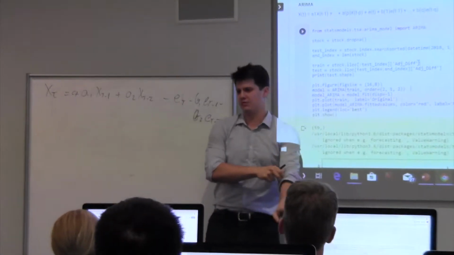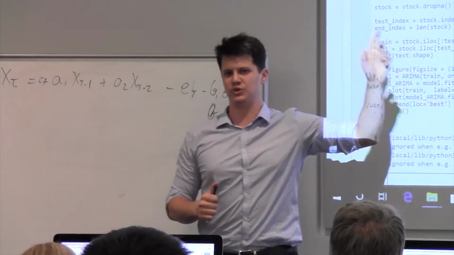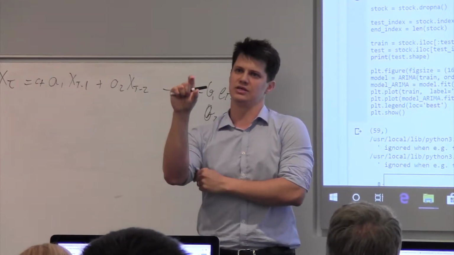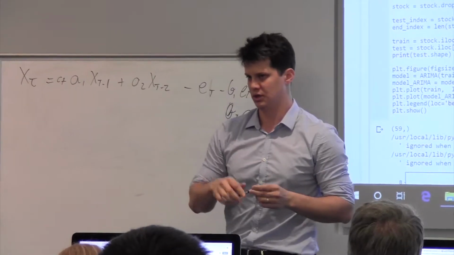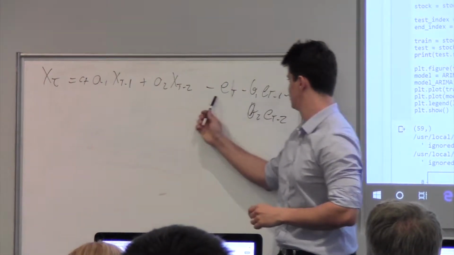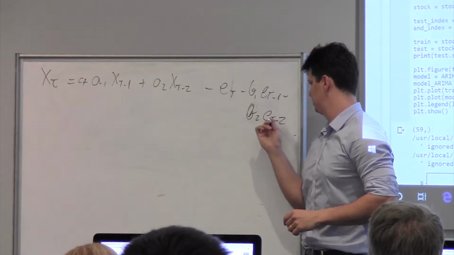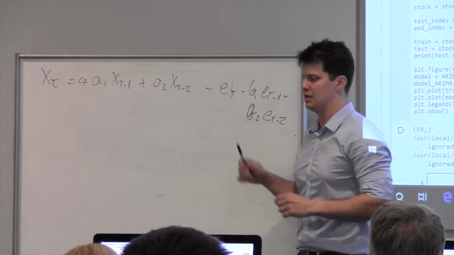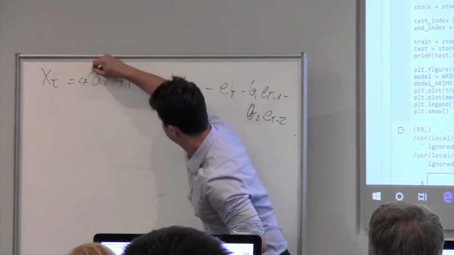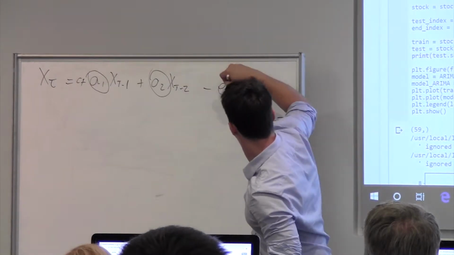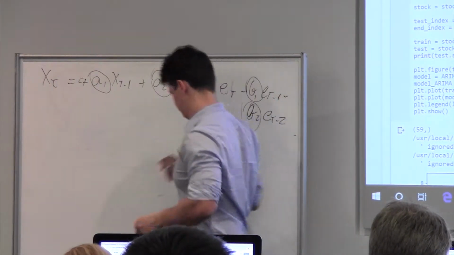MA means moving average, but actually it's not the moving average that we did before. It's on the errors of the series, and also we are doing two lags. What we are estimating here are those coefficients.